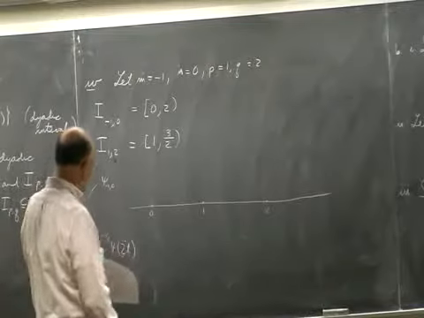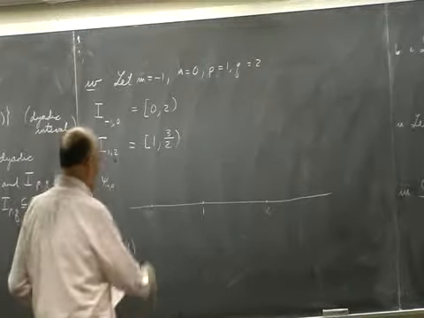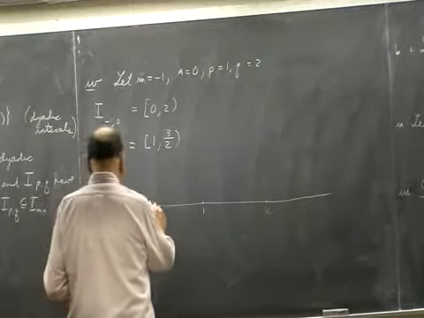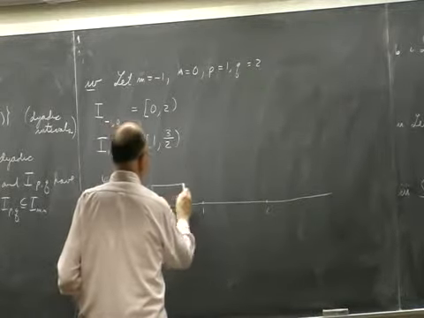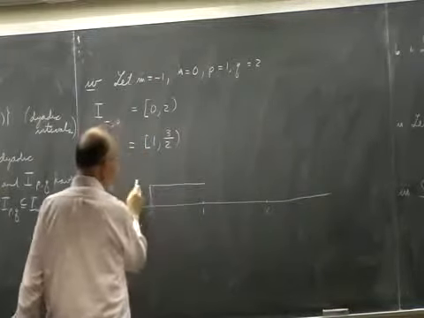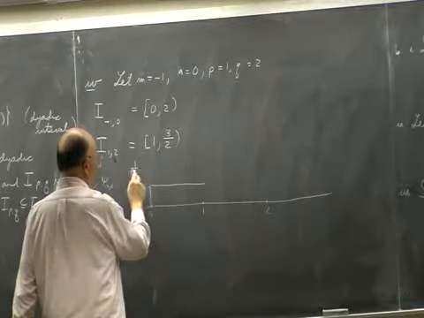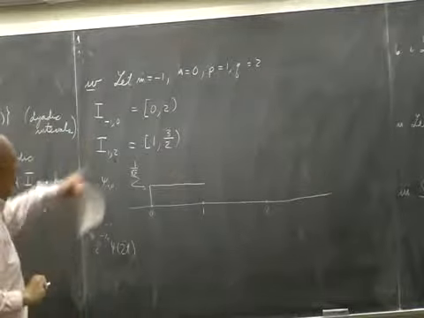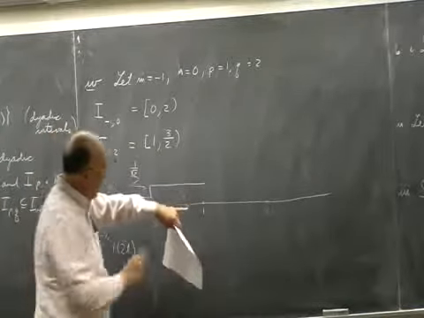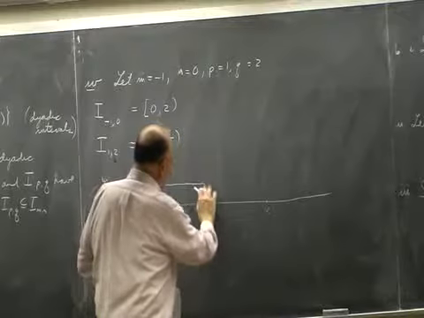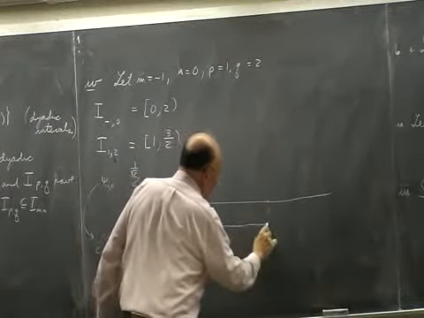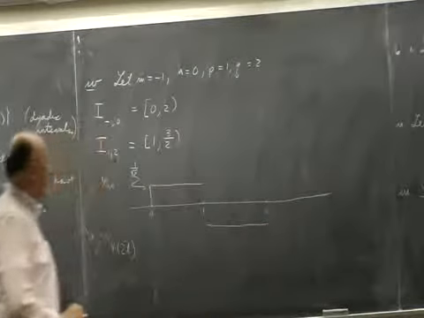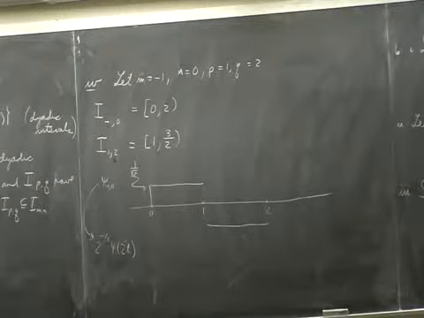And so in particular, this is of height 1 over the square root of 2. It goes from 0 to 2, so that means from 1 to 2 it's minus that, right? So there's psi minus 1, 0.